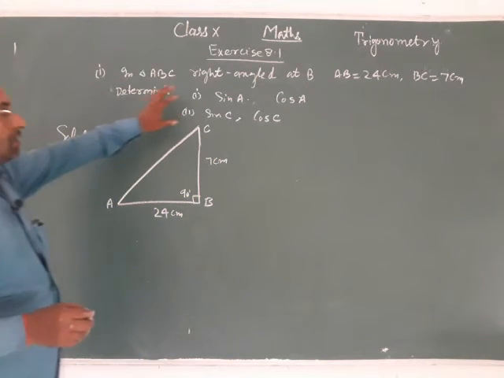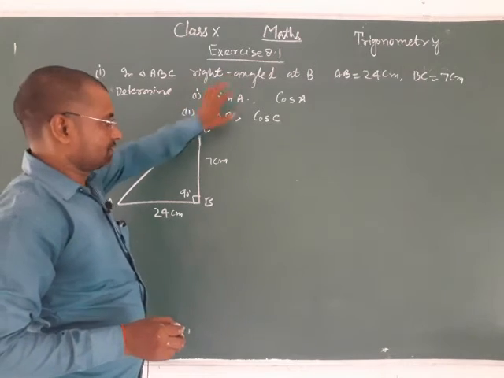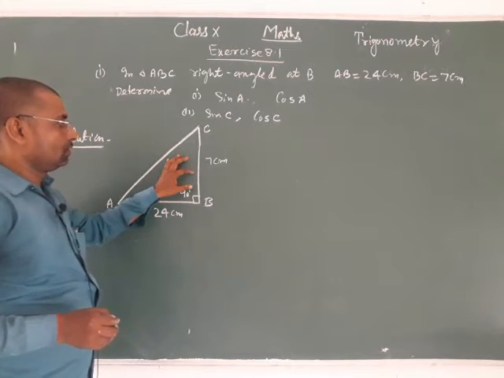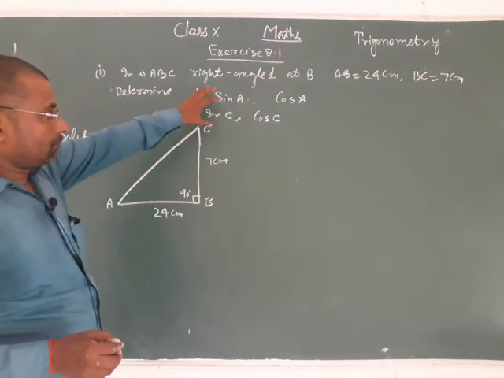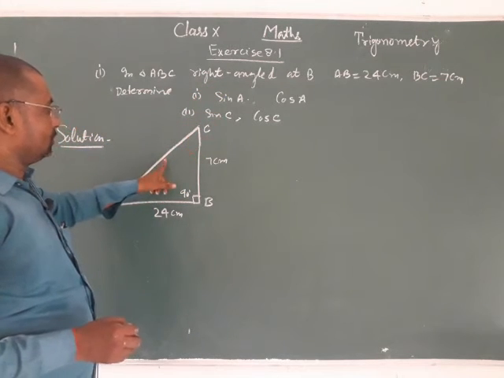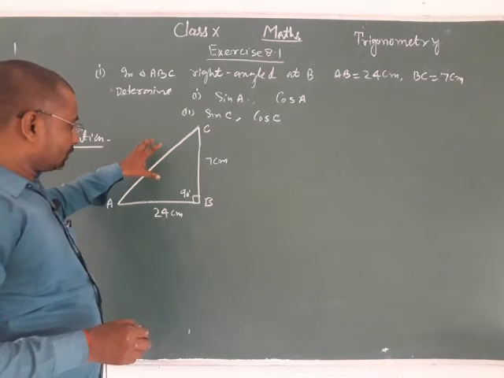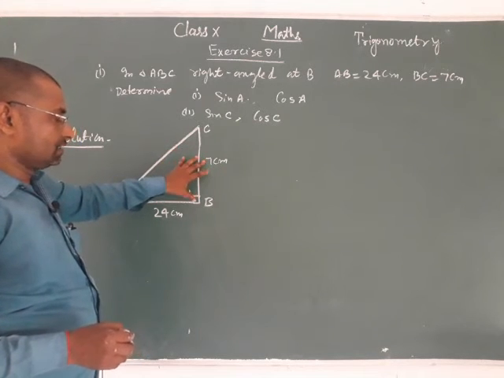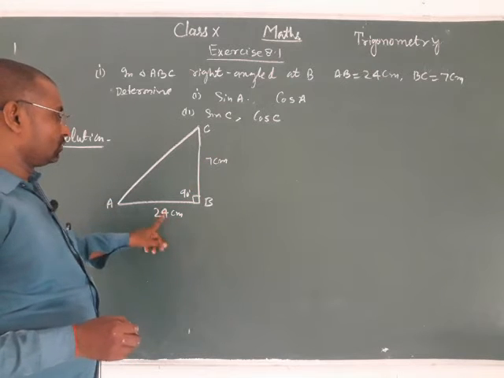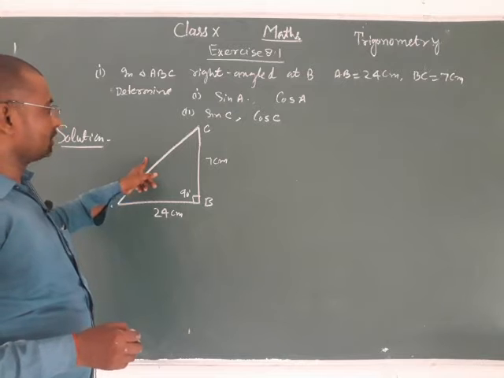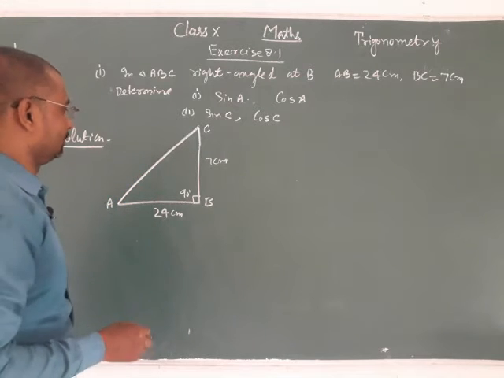Now apply the ratios according to this figure. Two sides are given and the third side is unknown, so initially we find the third side.